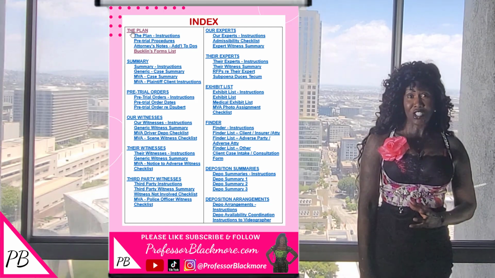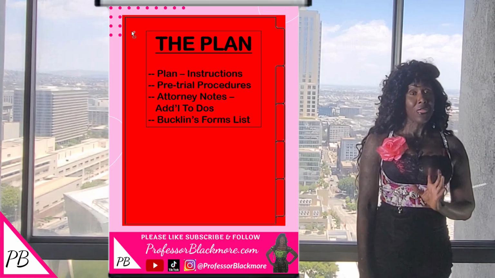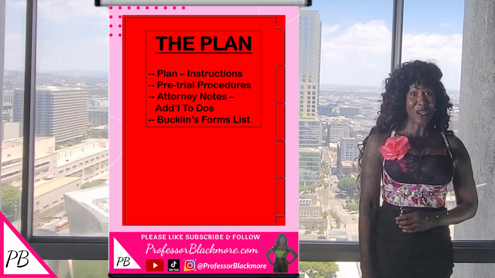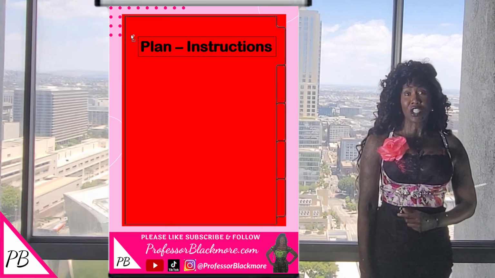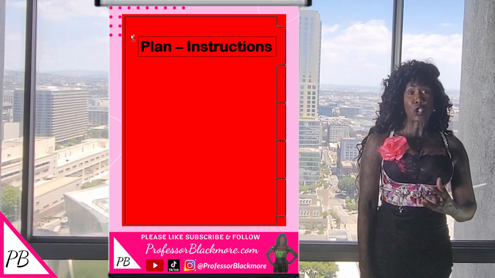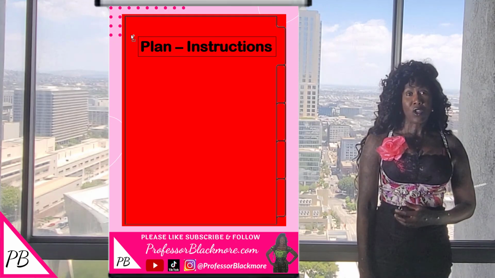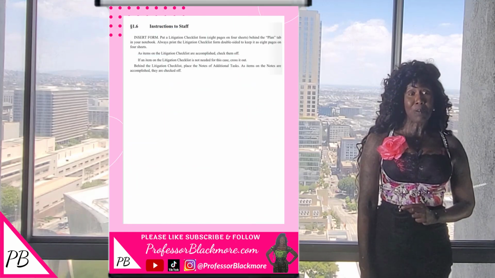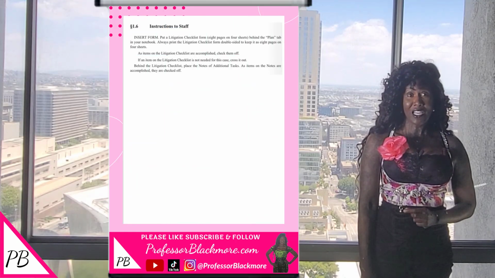Now, the first section in the trial notebook is called the plan. When you look at the plan section, for example, the first subsection is going to be the instructions. The instructions instruct us to include a copy of the litigation checklist.